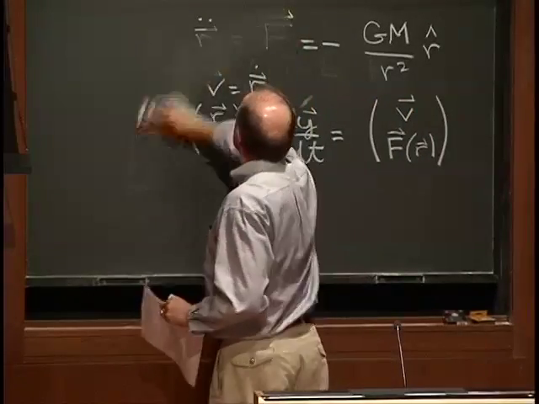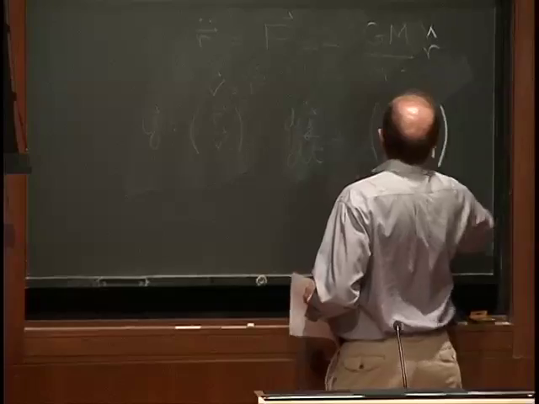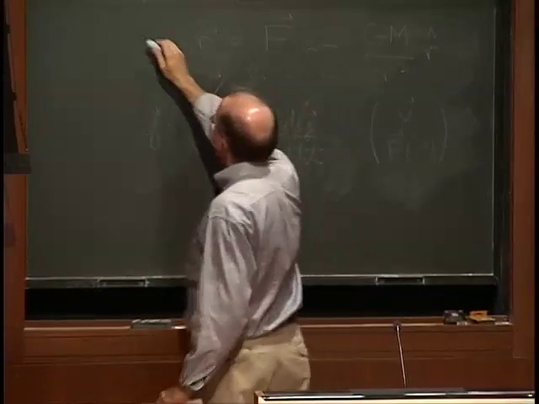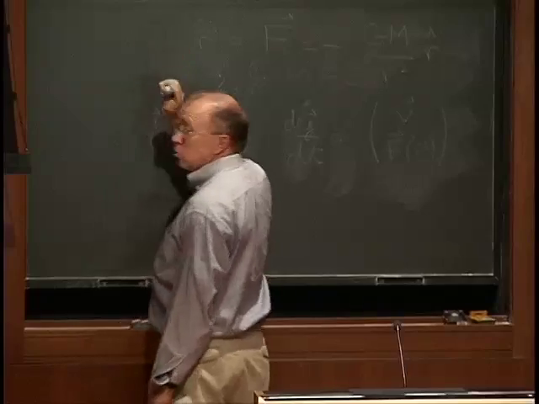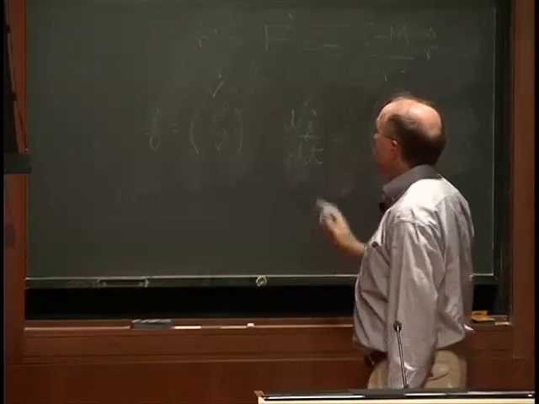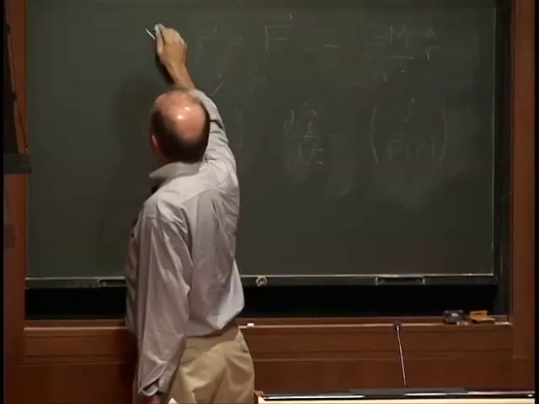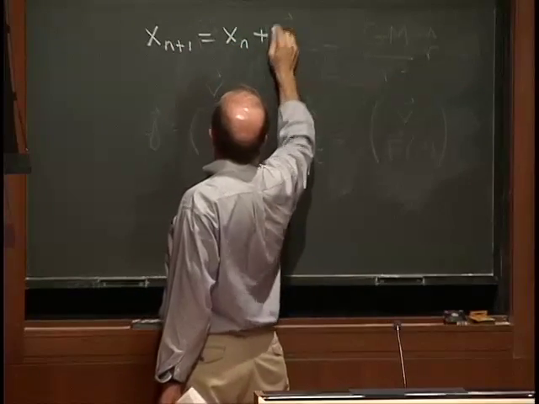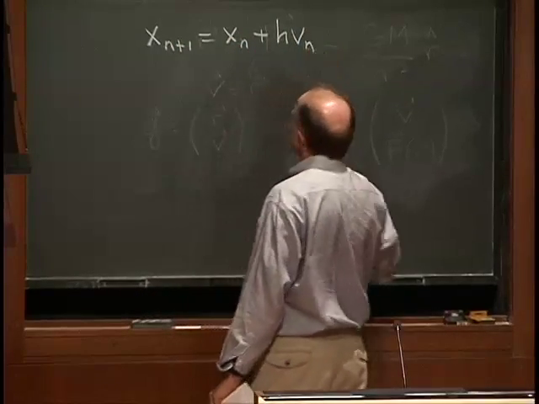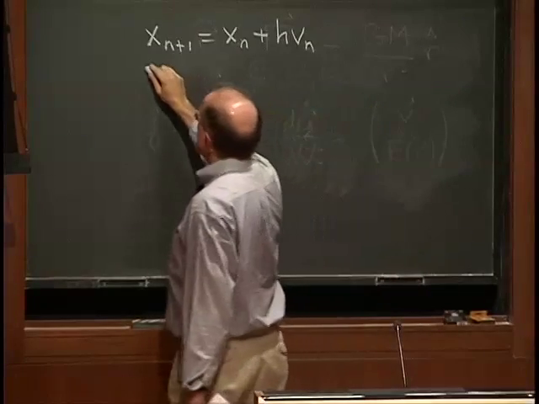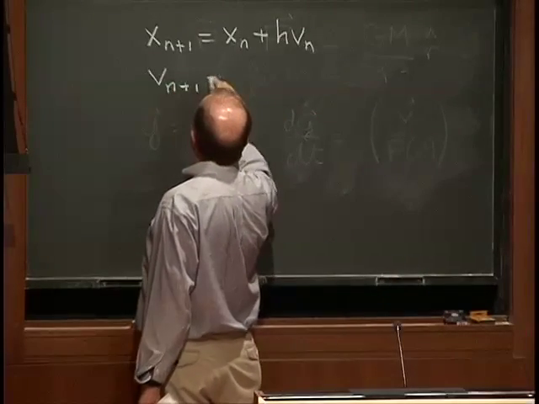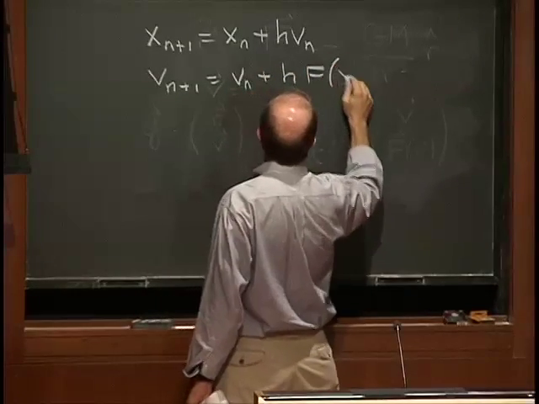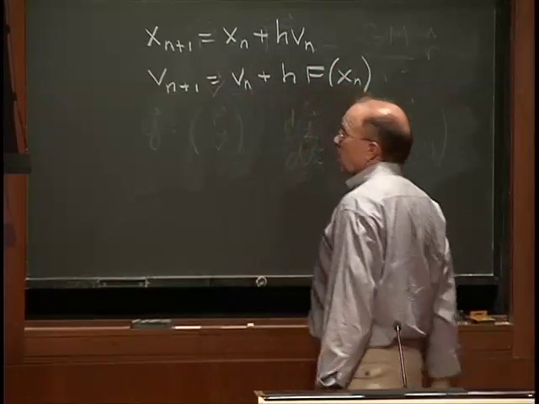Euler's method. Once again, I'll just do this in one dimension to keep the algebra simple. In one dimension, Euler's method says xn plus 1 is xn plus time step times vn, and it says that vn plus 1 is vn plus h times the force at xn.